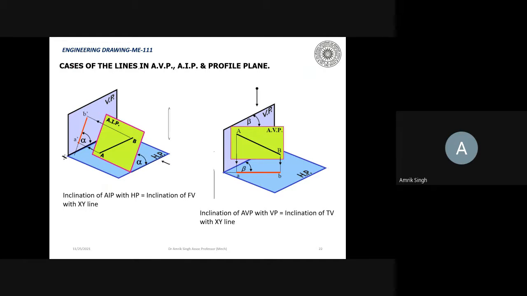As we have seen, there is a vertical plane, there is a horizontal plane, and there is an auxiliary vertical plane, and this is the auxiliary inclined plane.